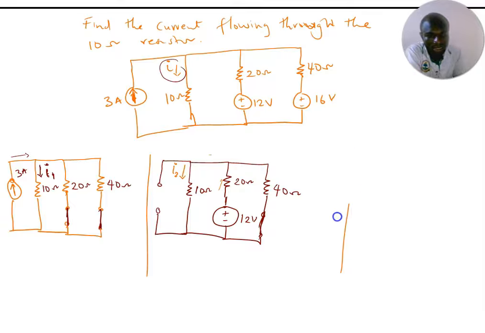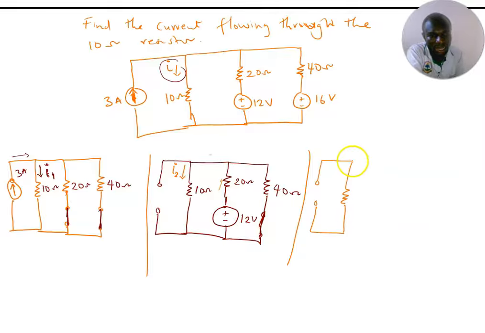Let me increase the space. So the last one, what do we do? Very good. We just take the current source off by applying open circuit. Then we have our 10 ohm resistor. Then we have our 20 ohm resistor here, but this time we short circuit it. We take off the 12 volt and replace it with a short circuit.